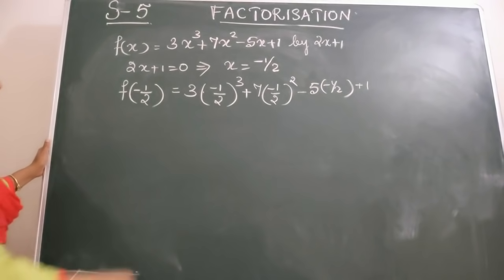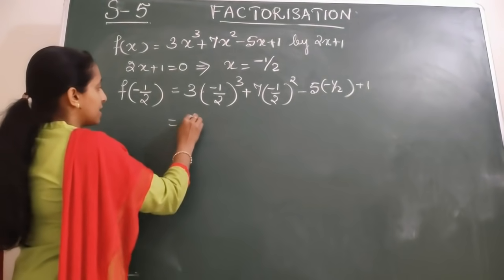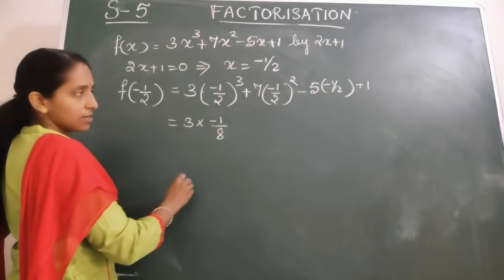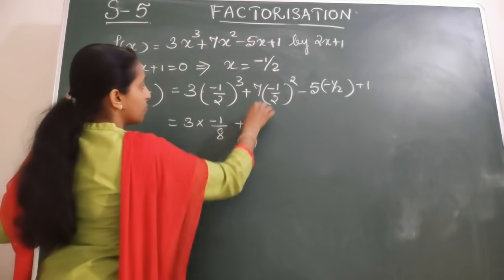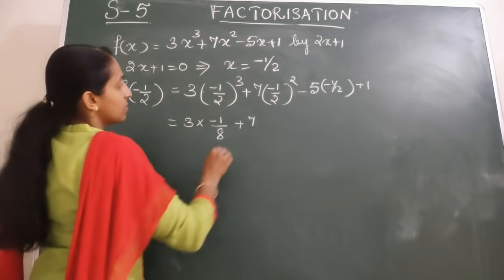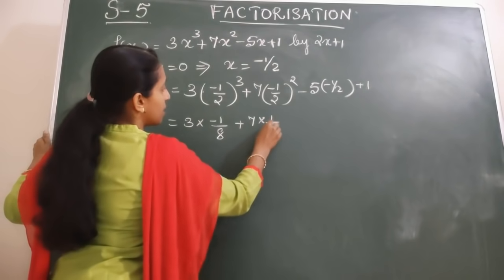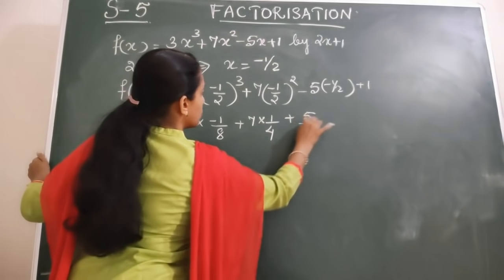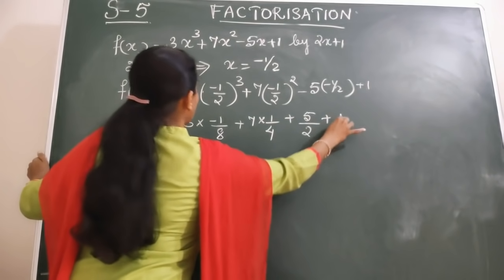Then you will simplify it. That is 3 into minus 1 by 8 plus 7 into 1 by 4, since minus square will be positive, minus minus plus 5 by 2 plus 1.